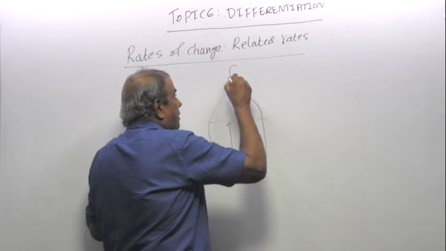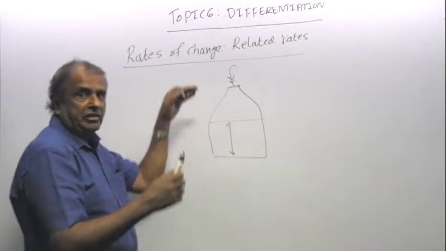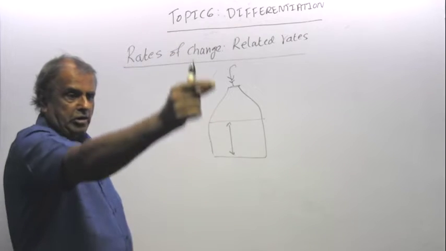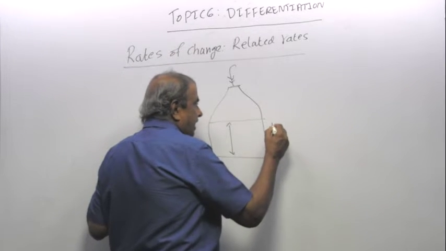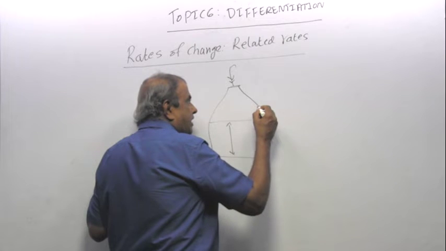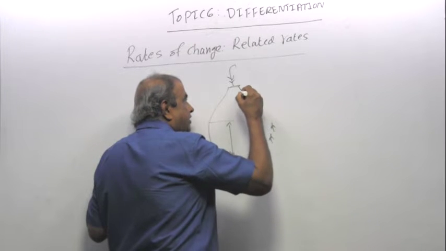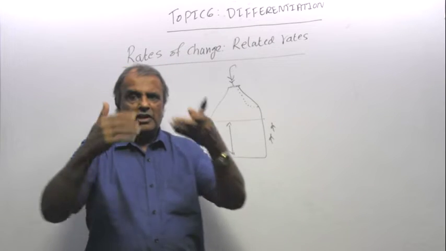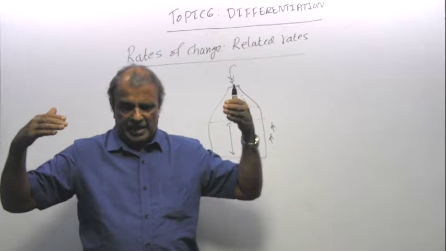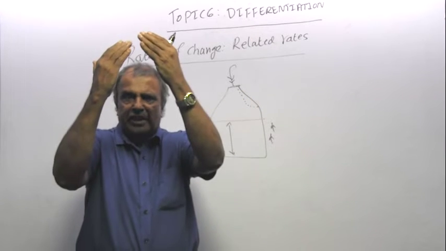You see, the amount of water coming in is a constant rate. You open the tap and it keeps on coming at the same rate. Here, it rises steadily. But as it comes here, you see that it fills up faster because the shape is different. So the height increases at a faster rate.